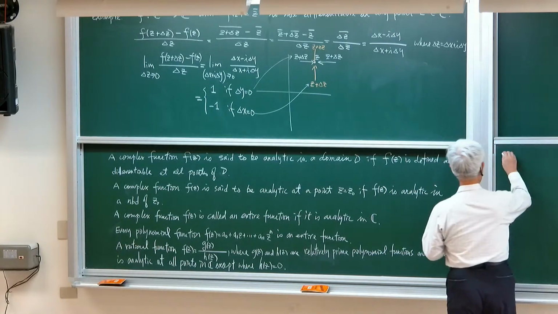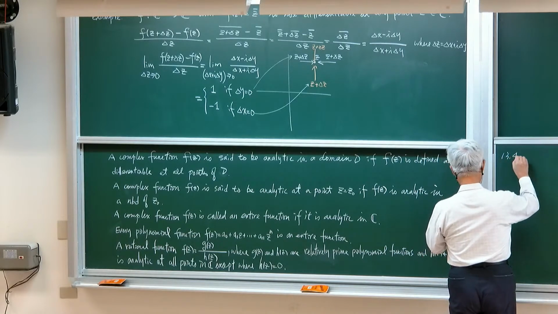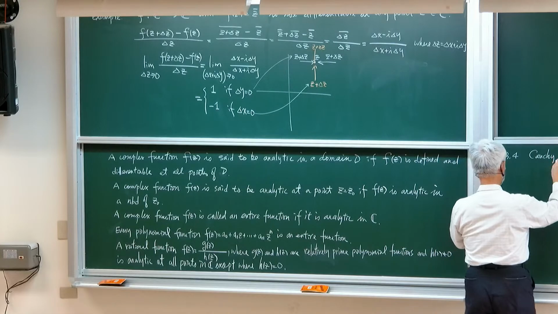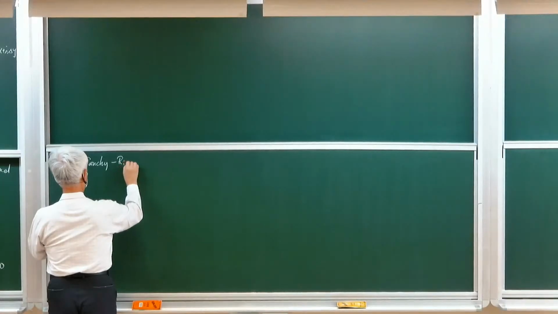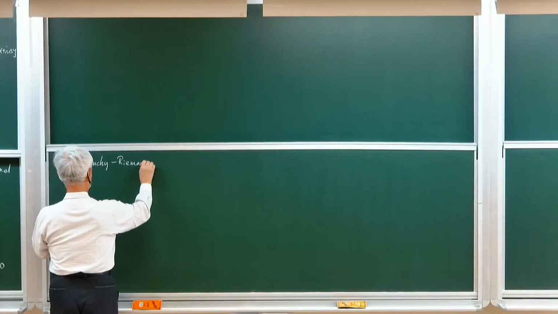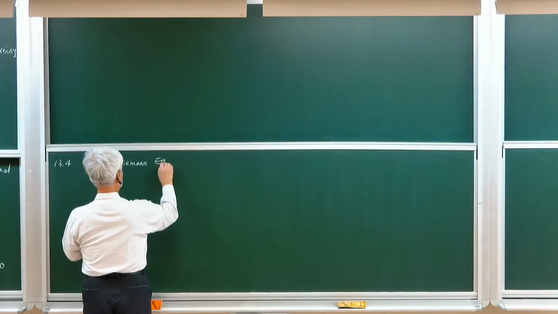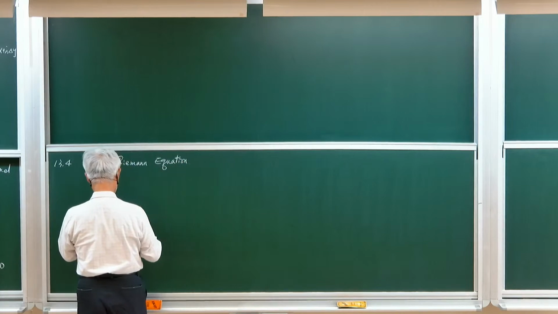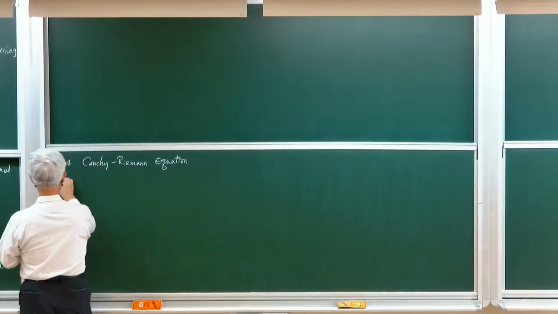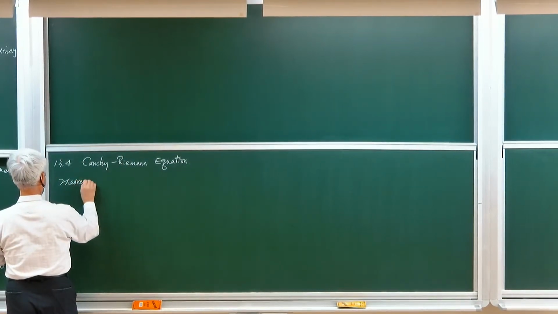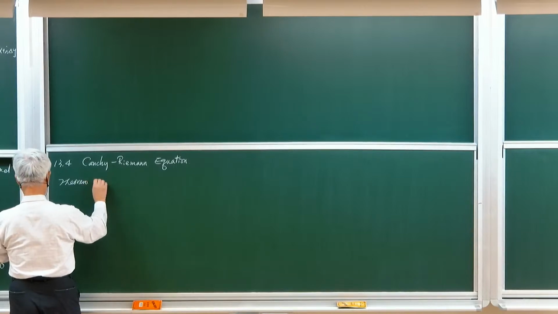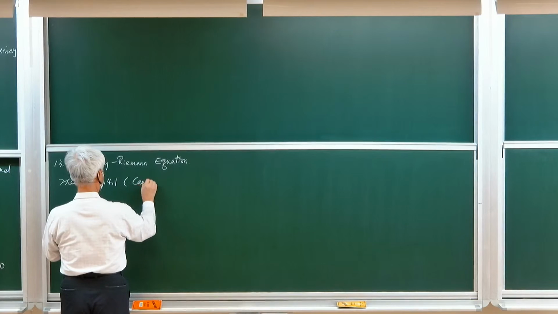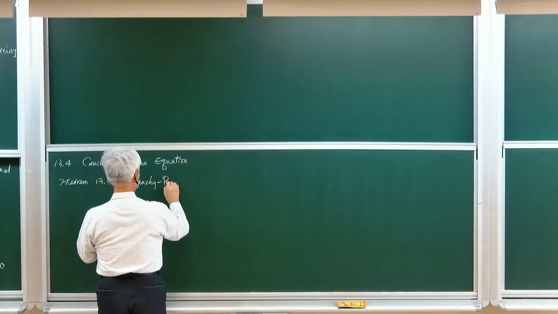All right. So now we will move on to consider the Cauchy-Riemann equation. First of all, we state a theorem. This theorem is called the Cauchy-Riemann equation.